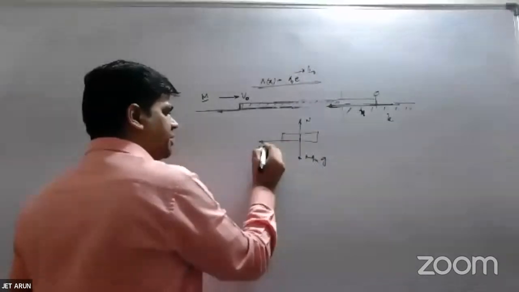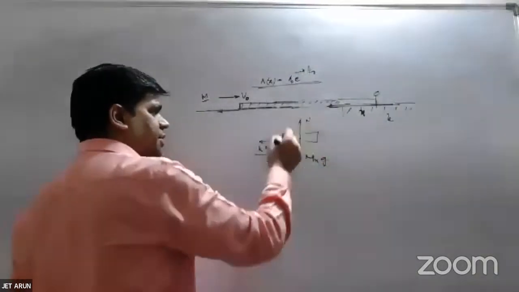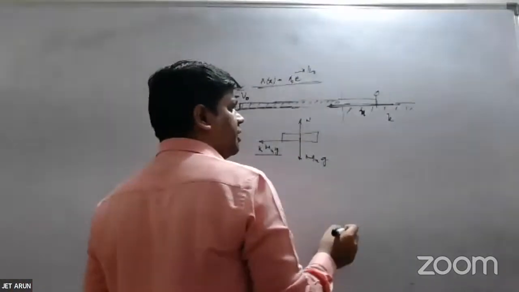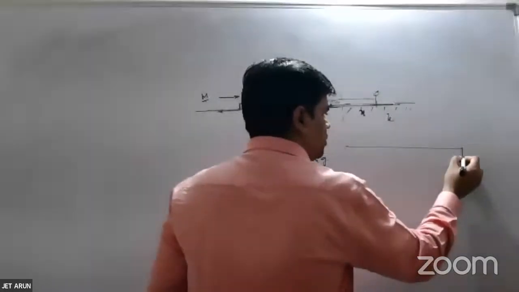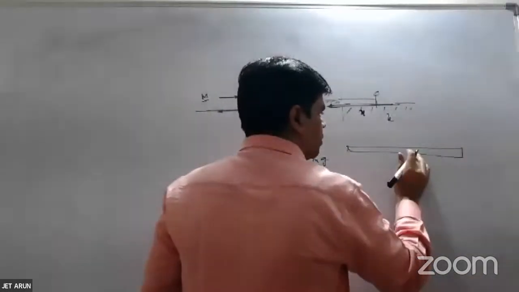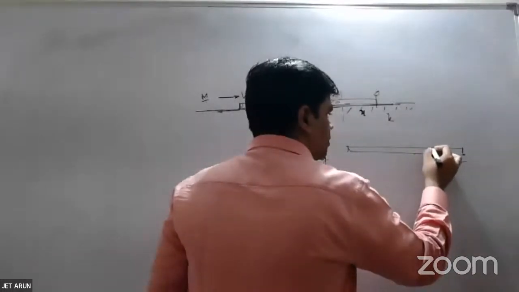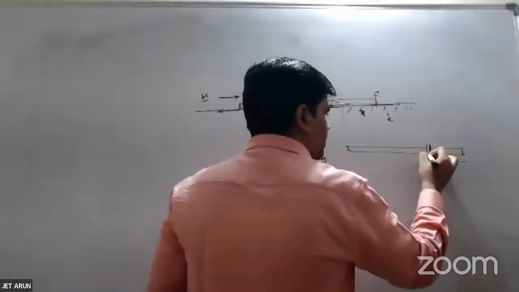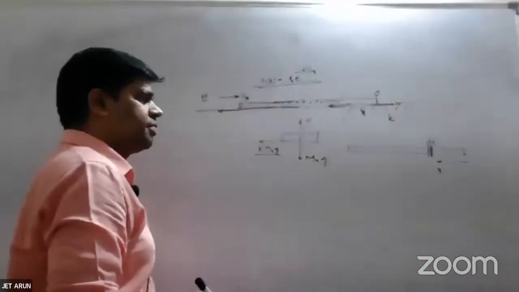So mu times mxg is my force on it. But what is mx now? I have to find out the mass of this one. How do I find mass of this one? At a distance of x, I consider a thin strip of width dx. All right.